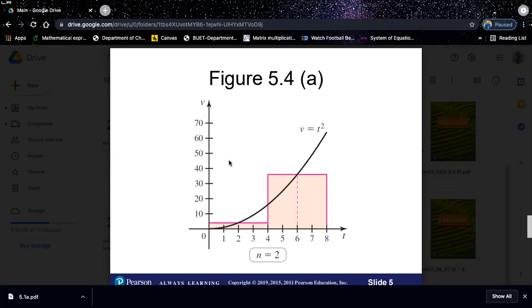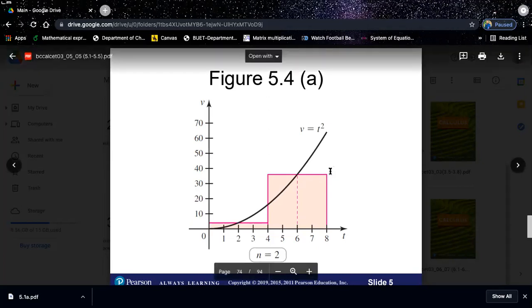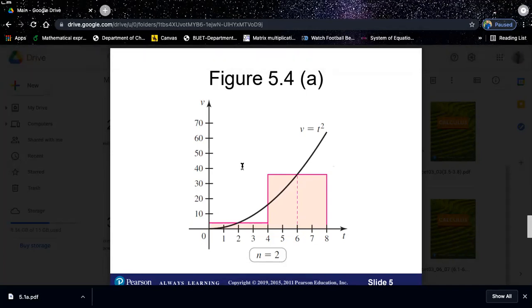So if we can find the area of those and add those together, then we can approximate the area of the entire space under the curve, right? This is the most naive approach of finding area under a curve. We'll slowly build up towards how to find using the integration method.